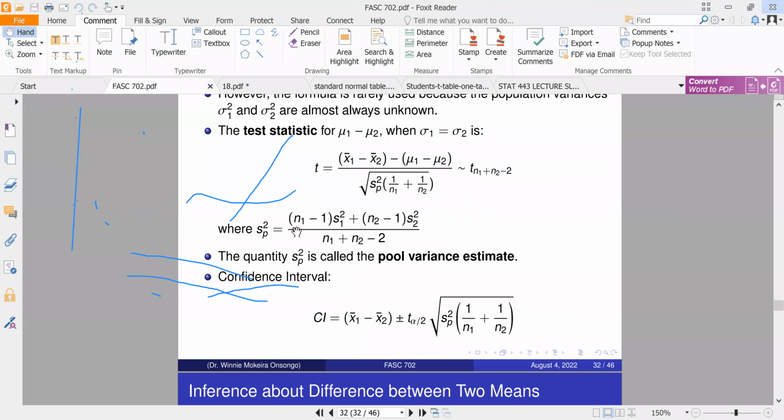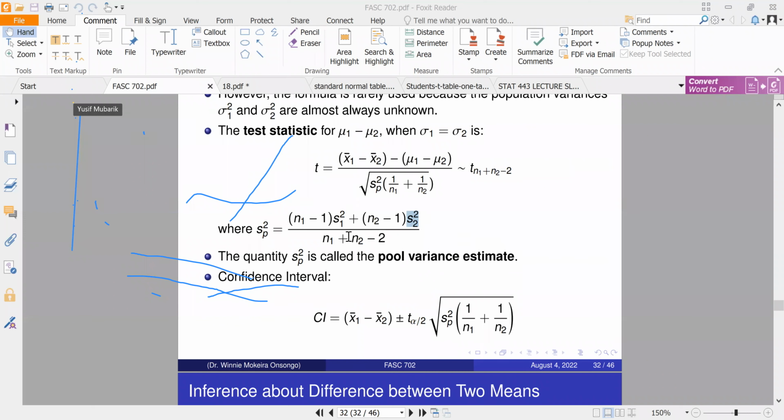If you have two distinct populations and we want to make inference about the difference between means, we must calculate this pooled variance. And the pooled variance is calculated as such. It's important to note that S1 squared is the sample variance for population 1, S2 squared is the sample variance for population 2, N1 is the sample size for sample 1, and N2 is the sample size for population 2.